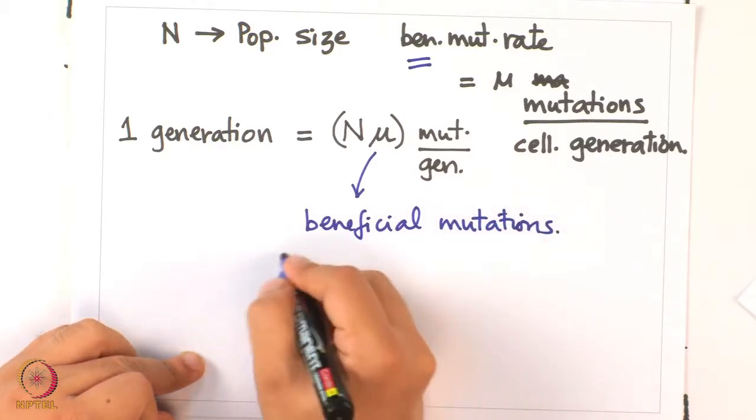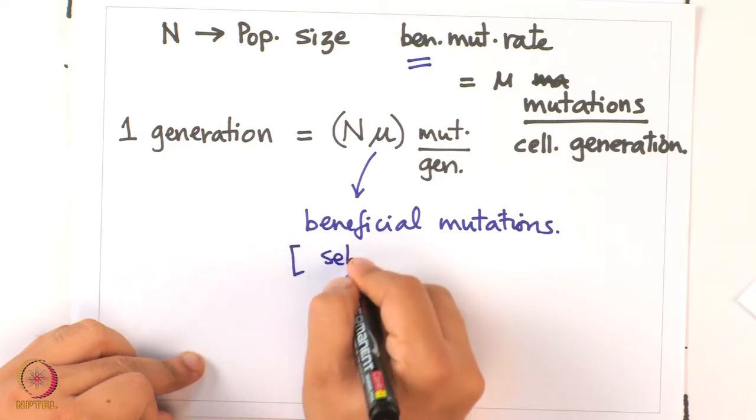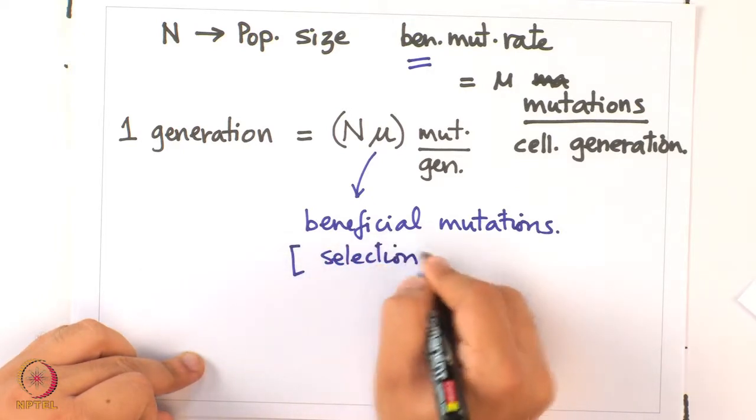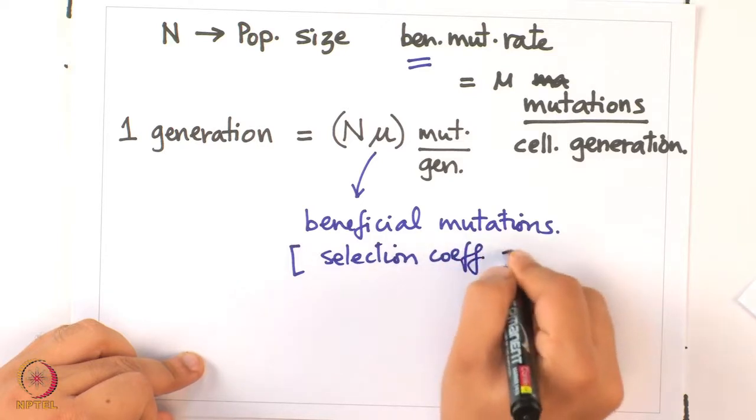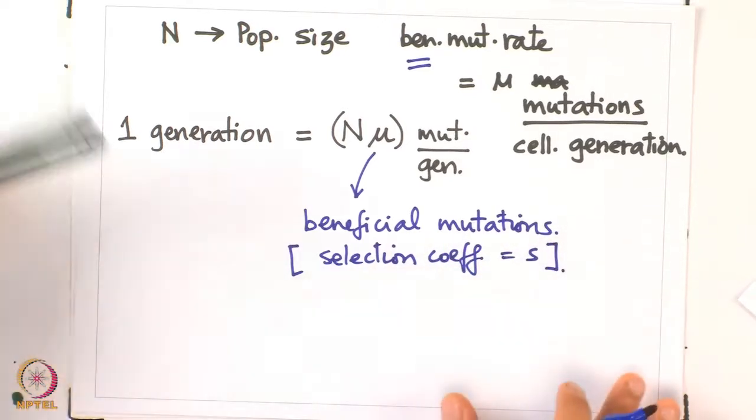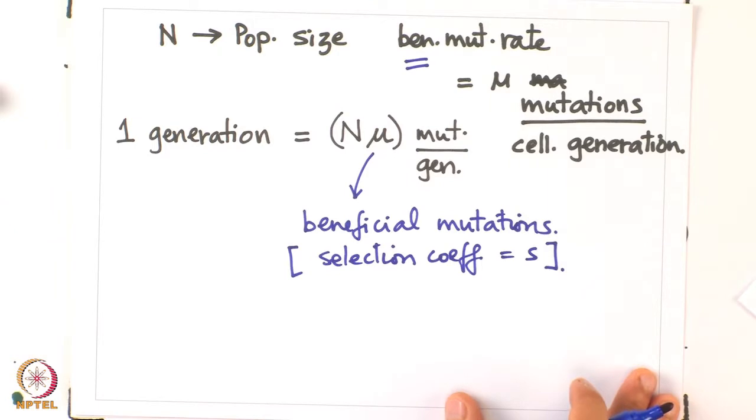Each of these mutations has a selection coefficient S associated with it. So, of the total n mu mutations that are occurring in this one generation time, what we want to find out next is how many actually survive, because as we have seen, most beneficial mutations are not going to be able to survive drift and are just going to go extinct and be lost from the population.